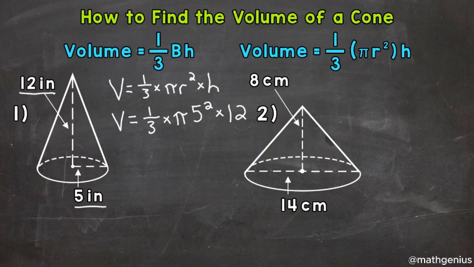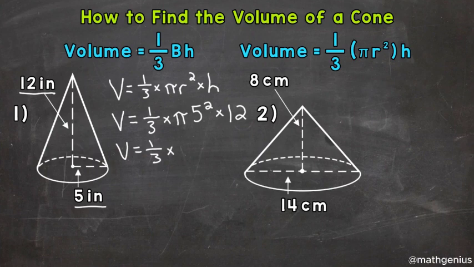I'm going to break it down or simplify it a little further though, until we get it in terms of pi, which means a number times pi. Then I'll calculate. So the first thing that we need to do is 5 squared. So volume equals 1/3 times, well, 5 squared means 5 times 5.